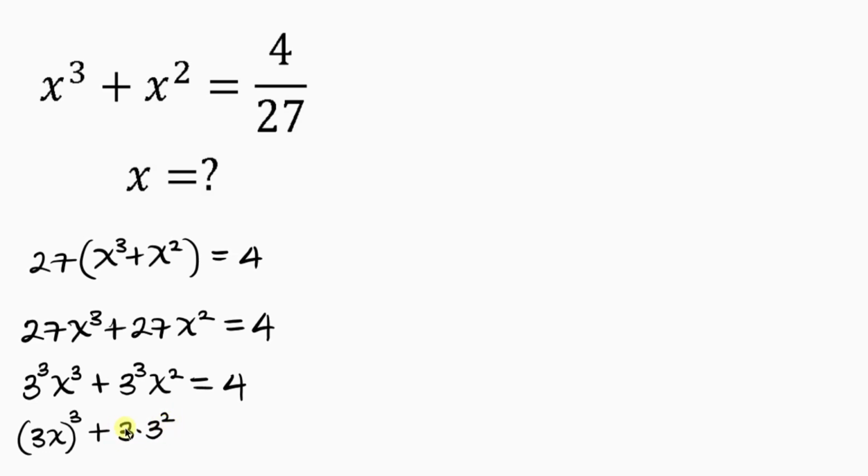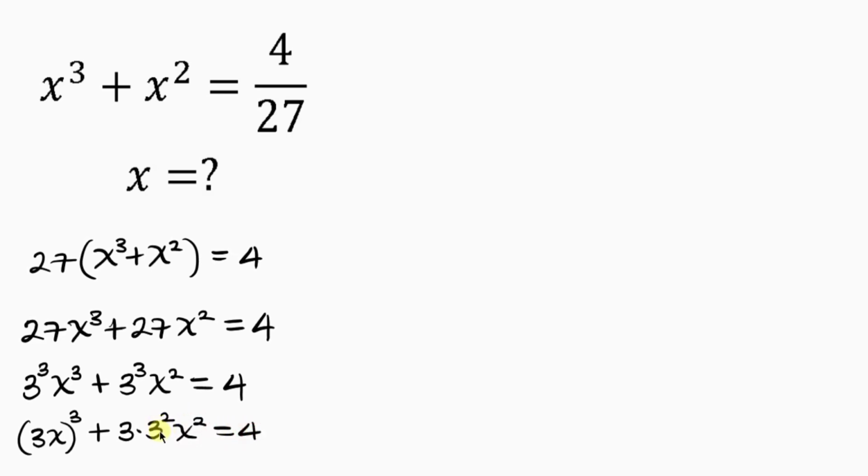Remember, the power of this 3 is 1, and from indices, the bases are the same. We can take one of it, 3, add the powers, 1 plus 2 to give 3. So this expression here and this expression here are actually the same thing. So x to the power 2 equal to 4.